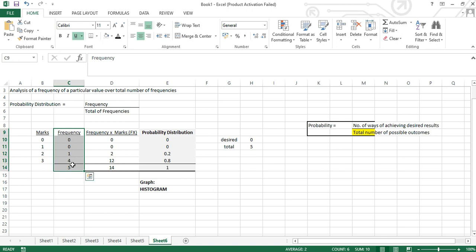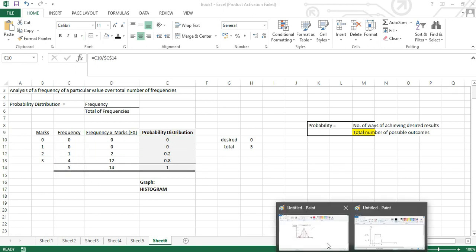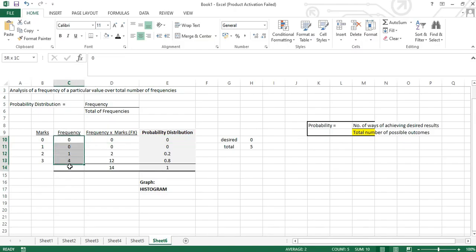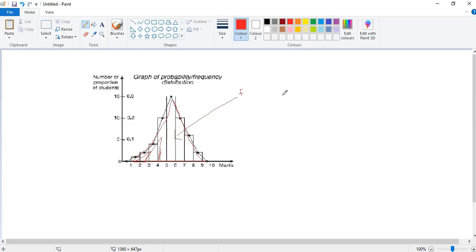Okay, it shows the number of students. The area under the graph is reflecting the frequency, the number of students, 5, as well as it represents the probability distribution, which should be, the area under the graph will always have a probability distribution of 1.